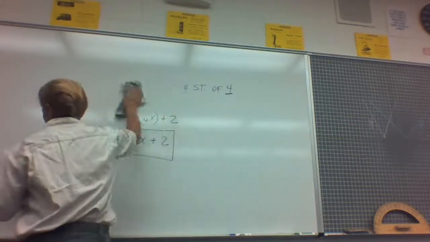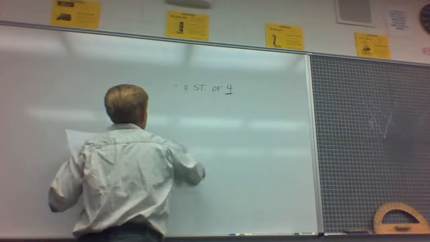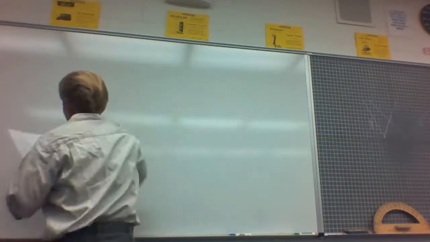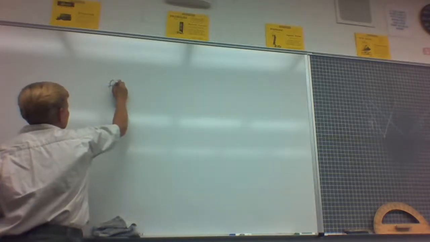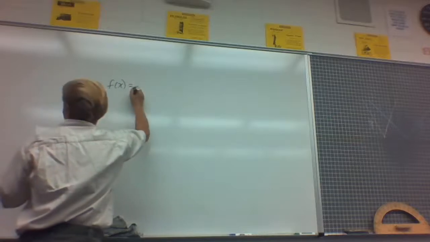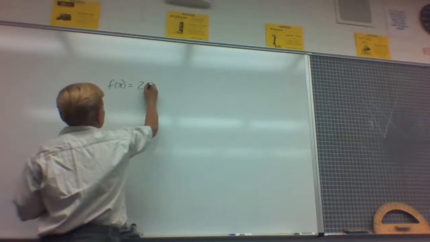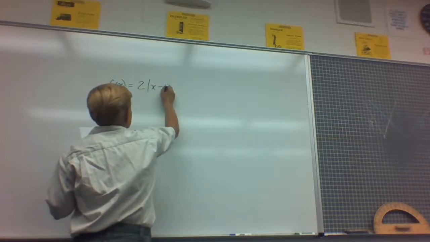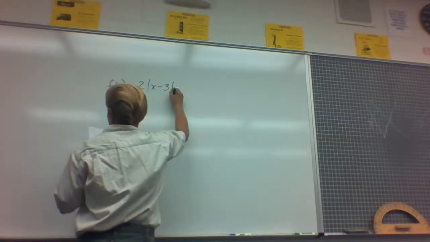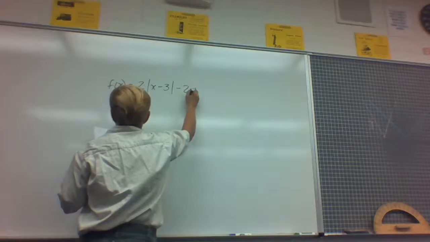So here comes the next one. This is number 12. Number 12 is an absolute value function, but it is not the parent. F of x equals, we'll say 2 absolute x minus 3 minus 2.